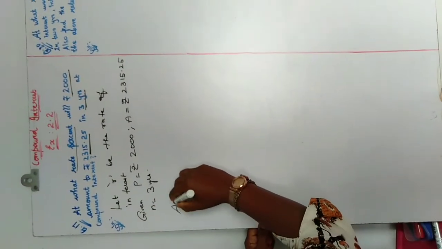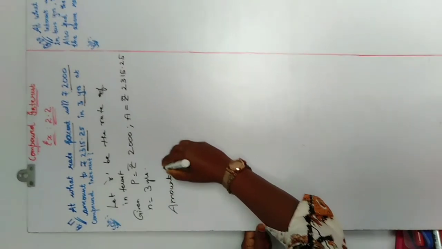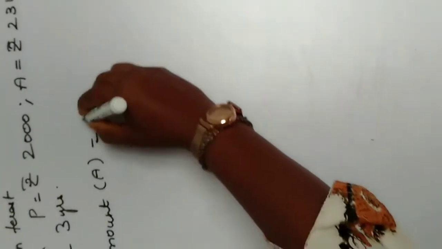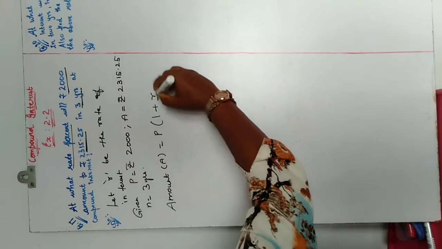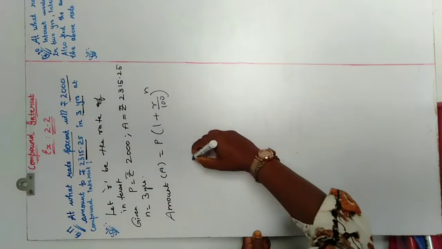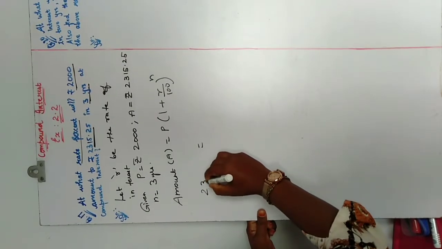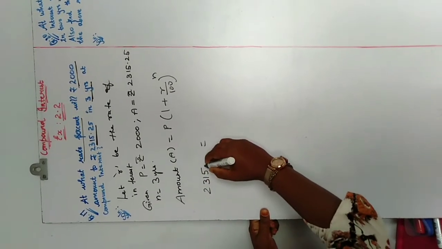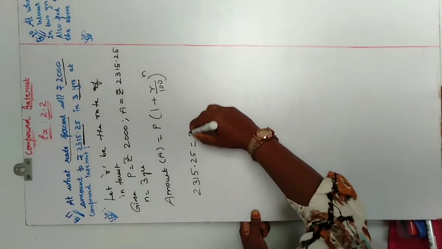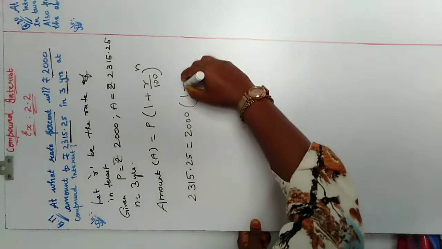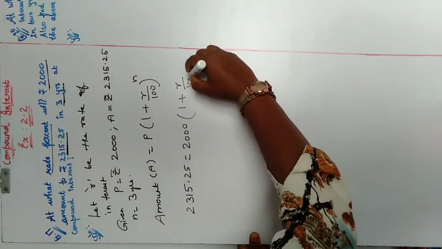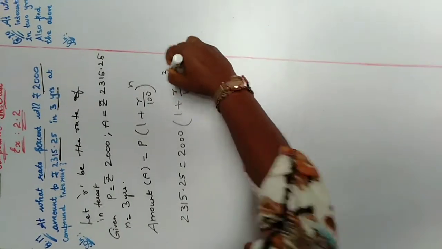So we are going to use the amount formula, which is amount A equal to P into (1 plus R by 100) the whole power n. The amount here, we already know, is 2315.25 and the principal here is 2000, then 1 plus R by 100, and n here is 3.